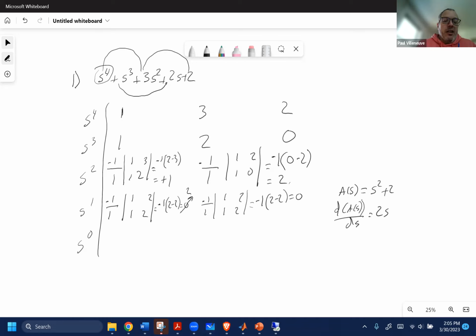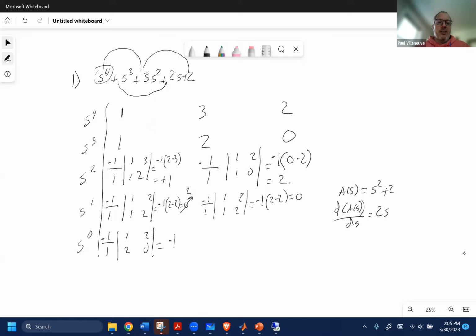So now this is minus 1 over 1 times my determinant 1, 2 and over here 2, 0, which is equal to minus 1 times, do I have that right? Hold on.